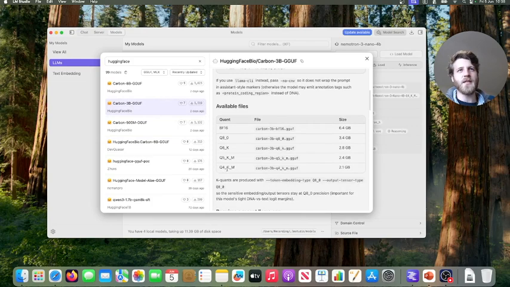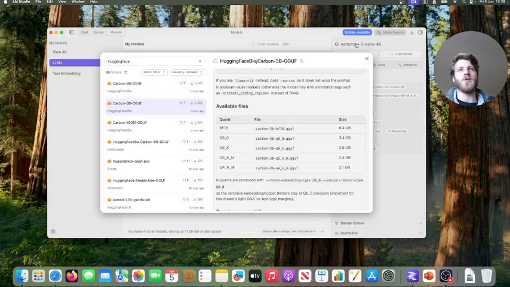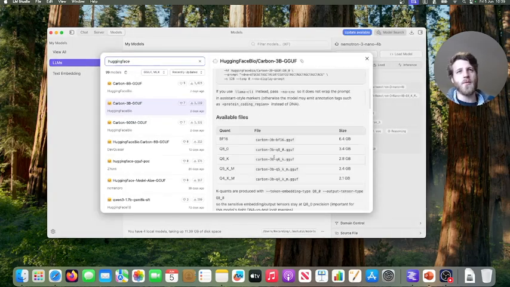Each of these Q4, Q5, Q6, Q8, and BF16 are all the same large language model, Carbon. But they've been compressed to different sizes to support utilizing on different machinery for different purposes. So depending on what your hardware capabilities are, will most likely depend on what version of the large language model you have, and the version is a shift in quants compression size.